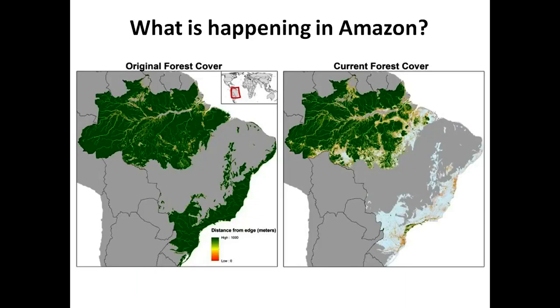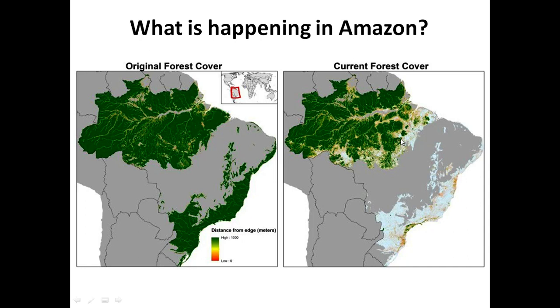And this is what is happening in Amazon. This left figure shows the original extent of rainforest in Brazil, and the right is the present situation, and you can see they've lost almost all the rainforests in the eastern slopes of Brazil.